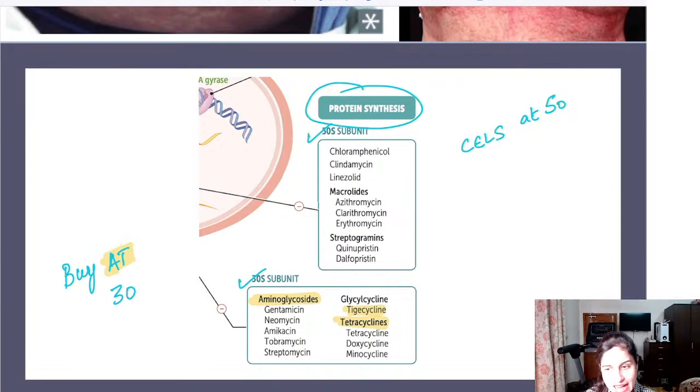Then cells at 50, उसके लिए C आपका chloramphenicol, clindamycin. ठीक है, your E is basically erythromycin, L is linezolid, S are your streptogramins. So remember cells at 50. Remember this spelling, CELS. Cells at 50, protein synthesis. So ये you should 30 पे कौन, 50 पे कौन, that is important to know.